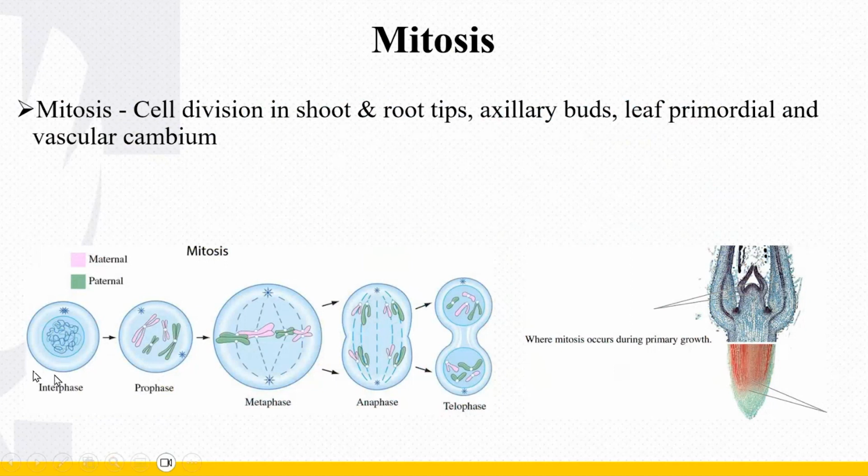As I mentioned, we just go through these phases real quick. For this particular class, we're not really concerned with mitosis. I remember this as, this is interphase, but this is PMAT. So prophase, metaphase, anaphase, and then telophase.